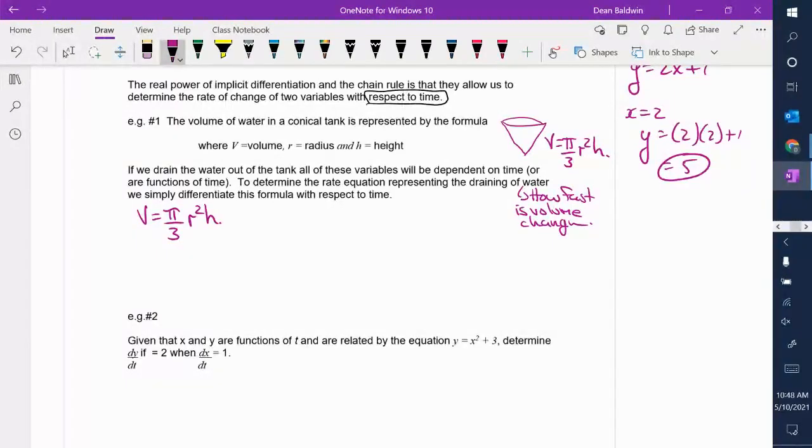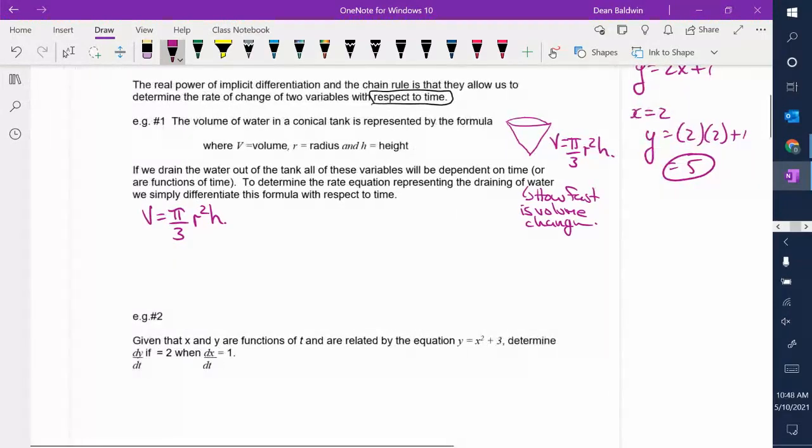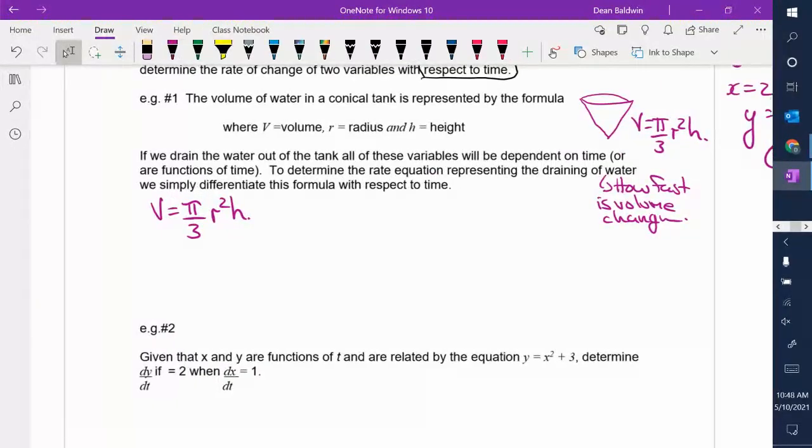I derive this equation with respect to time. So what's the derivative of v with respect to time? We would say v prime, but we're going to say dv dt, the change in volume with respect to time.